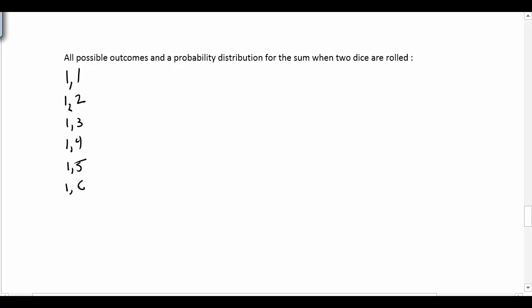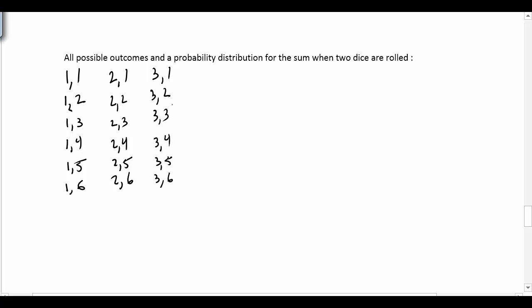So these are, if I roll a 1 on the first die, what do I get on the second die? Okay, I could have rolled a 2 and a 1, a 2 and a 2, a 2 and a 3, a 2 and a 4. Okay, could go a 3. And hopefully you're going, hey, wait a second, I know what's going to happen.